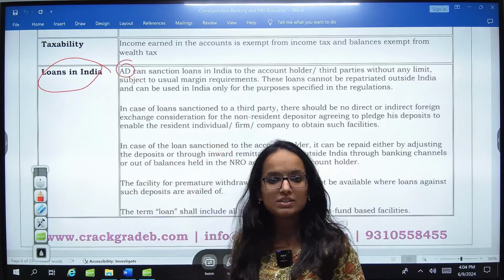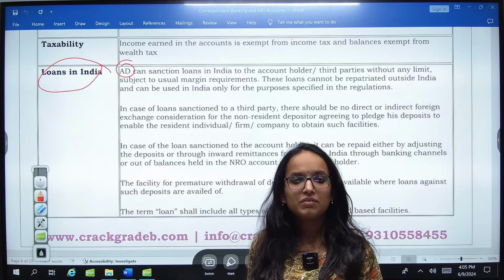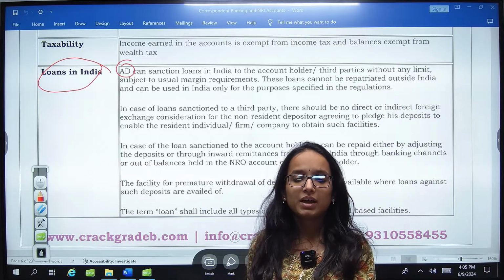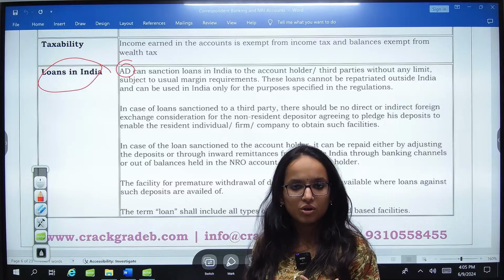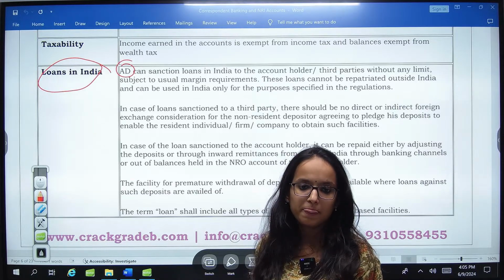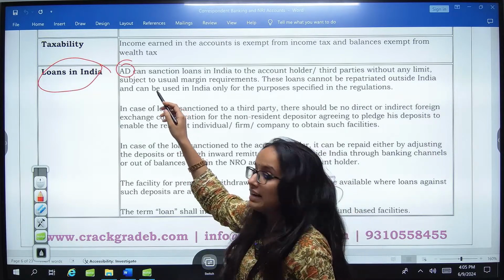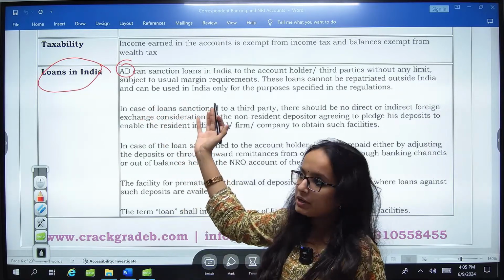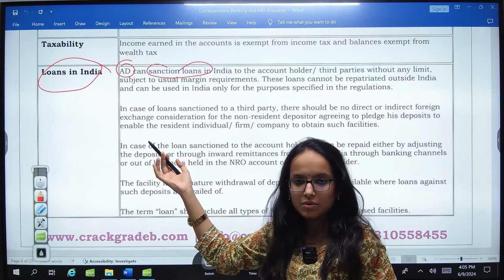AD, authorized dealers, as I have told you, might be banks or any financial entity authorized by the RBI to perform all these functions. They can be banks or any other financial entity for that matter, right? So authorized dealers authorized by the RBI to perform these functions can sanction loans.